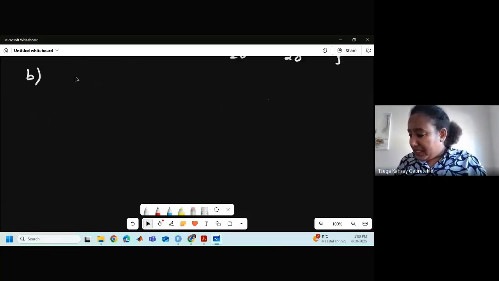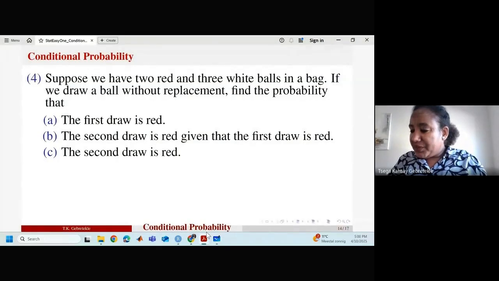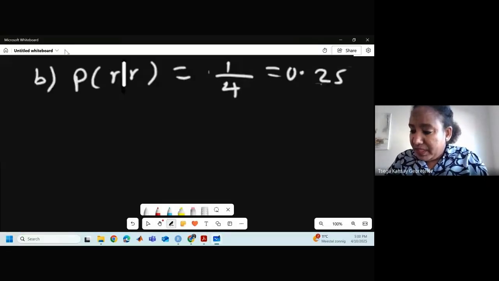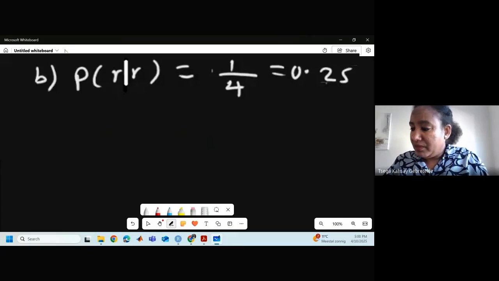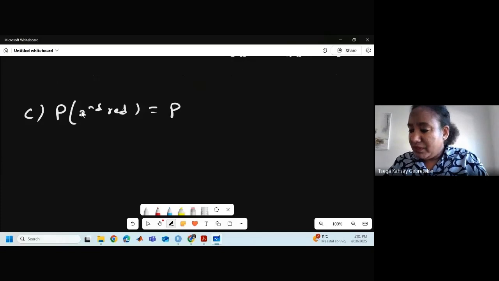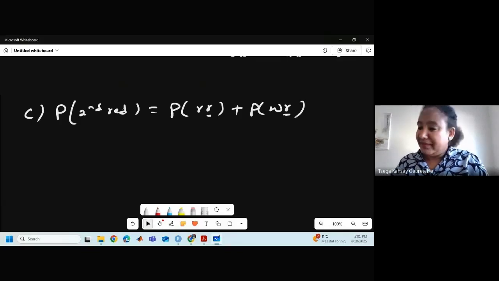What about for B? B says the second draw is red, given that the first draw is red. The probability of red given red, that is 1 over 4. And C, the second draw is red, means probability of red, where the second is red, plus probability of W, red, where the second is red.